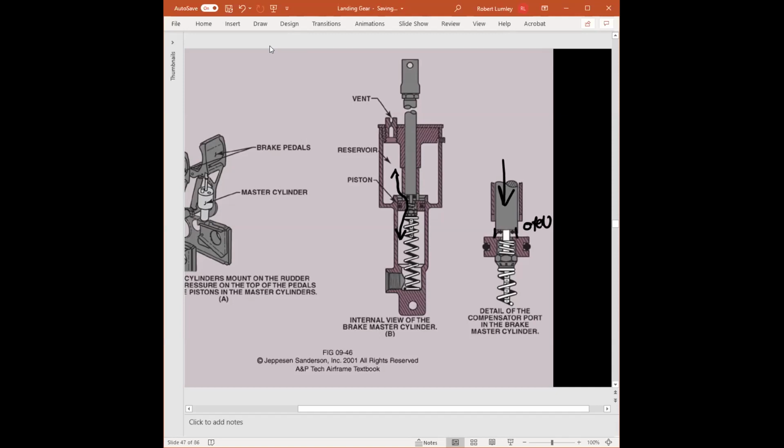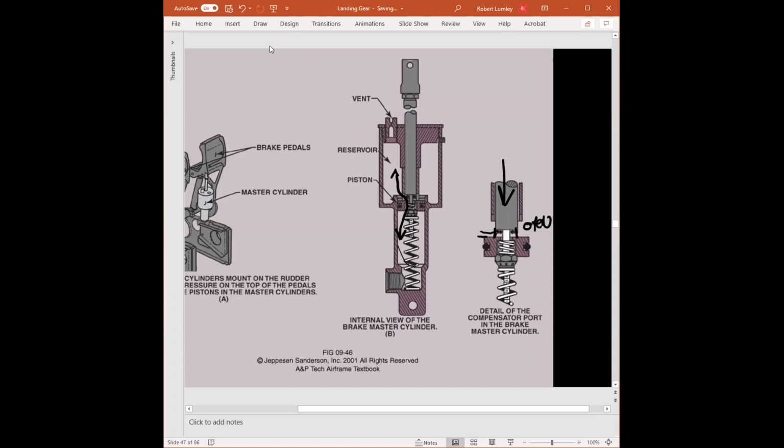And there's this nut here, a spring that determines this gap. And this is what's known as the compensator port. Now, why do we have the compensator port? Well, one is so that when the brake is released, the fluid going to the caliper can't be pressurized.